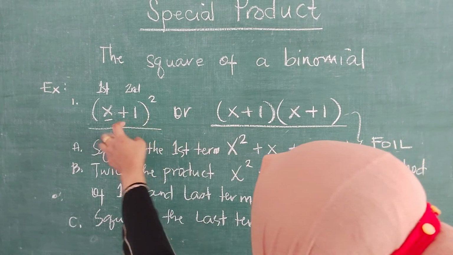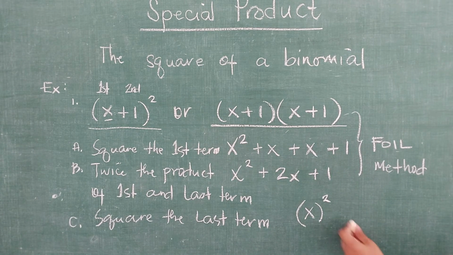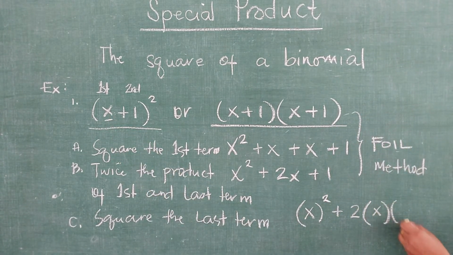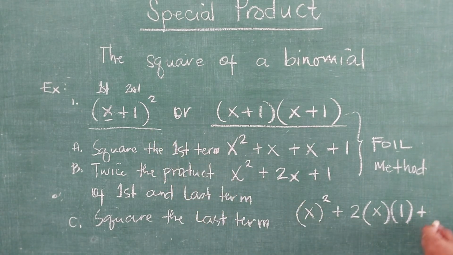Letter B, twice the product of first and second term. Ang ibig sabihin, twice the product of first term, x, and the last term, 1. Next, for the last step, square the last term. So, ang last term natin, or the second term, is 1.